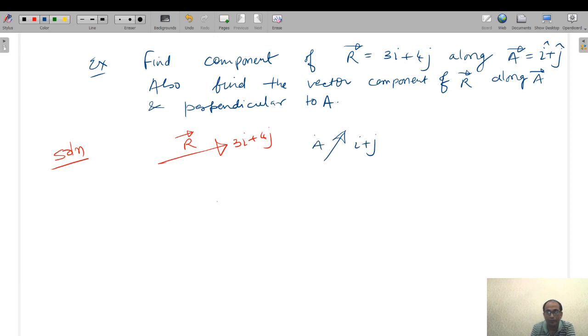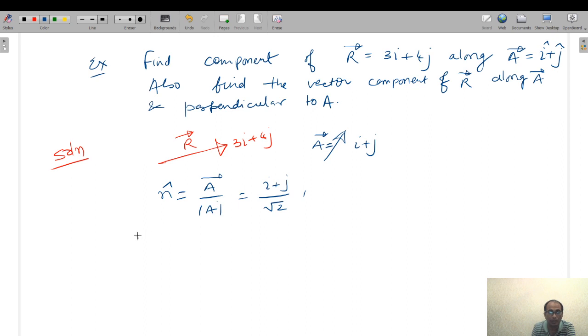This was vector A, right? So let us find a unit vector along this vector A. It will be given by this divided by its magnitude, so i plus j divided by square root of 2.